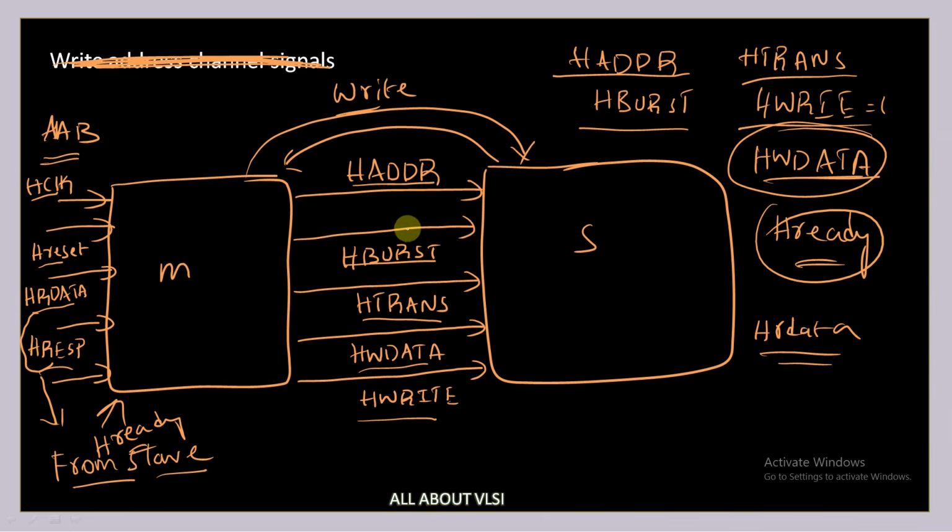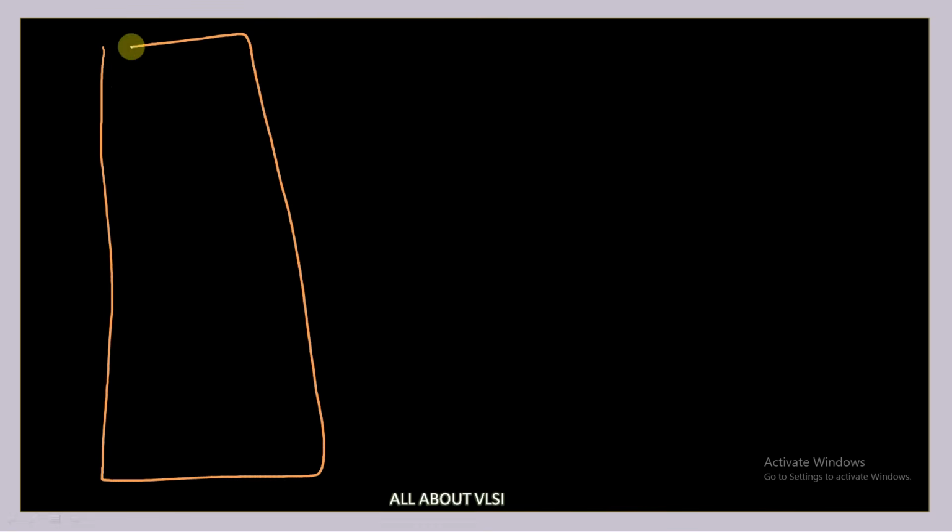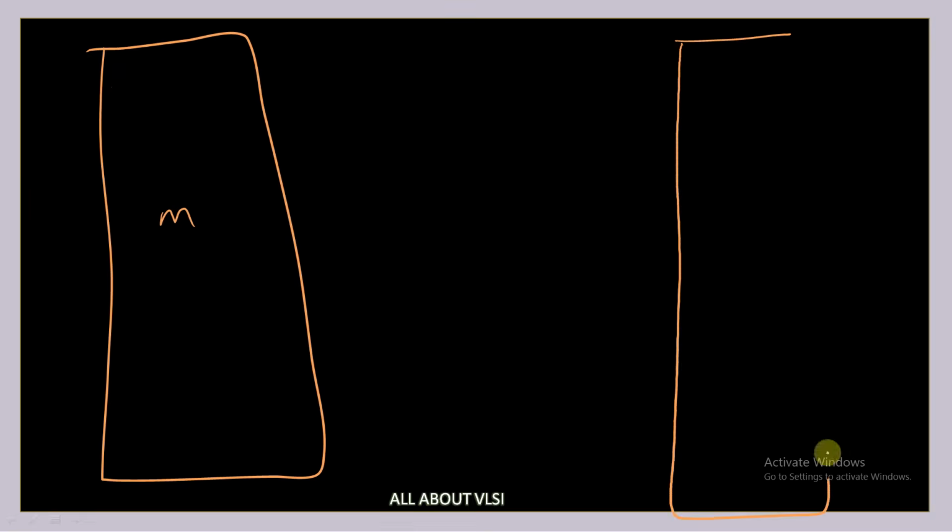Now in the AXI protocol, this is my master and slave interface. If I want to perform a write operation, then the master is going to use write channels like the write address channel.